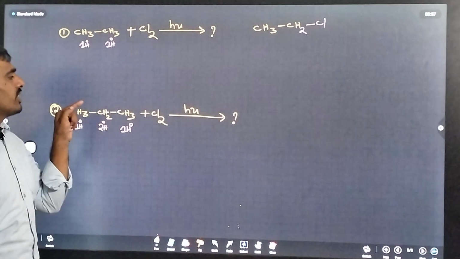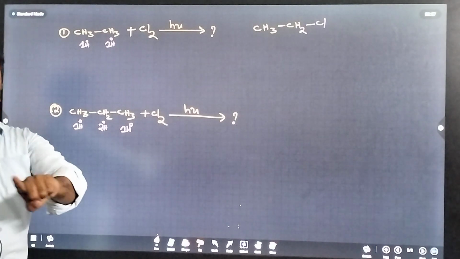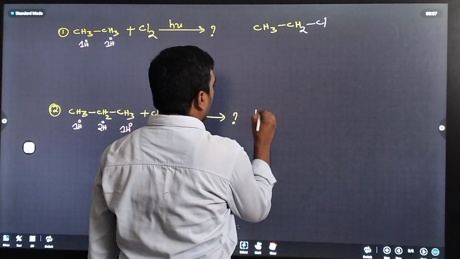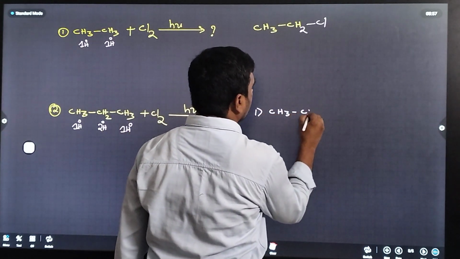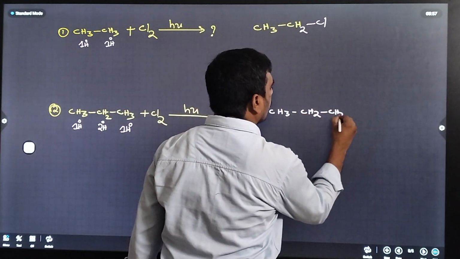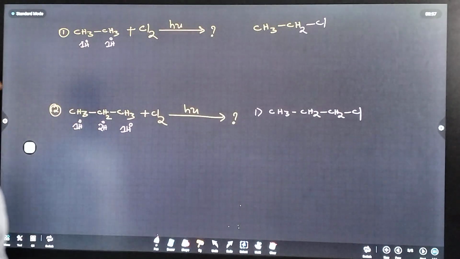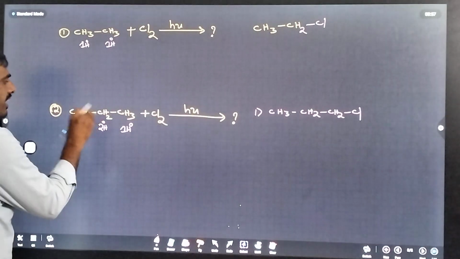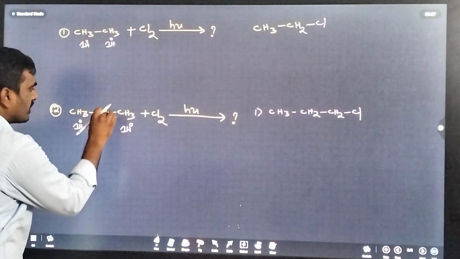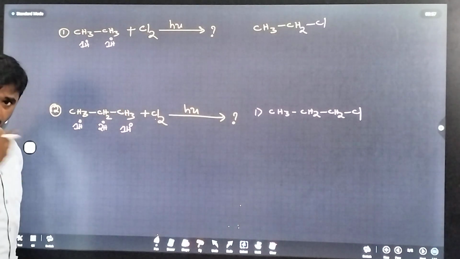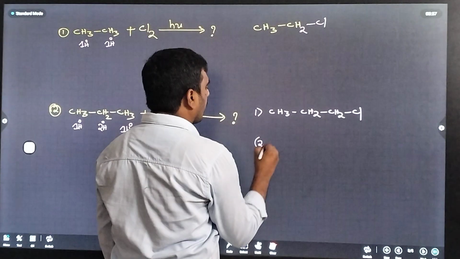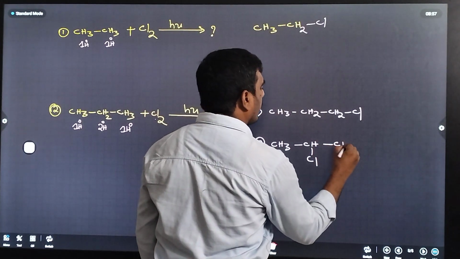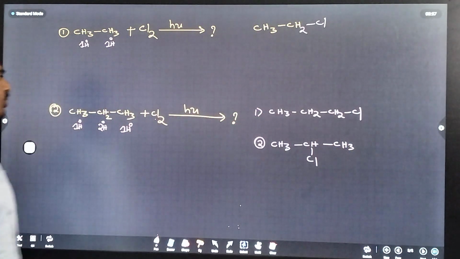Any primary hydrogen replaced by the chlorine gives one type of product, that is 1-chloropropane, product 1, CH3CH2CH2Cl. Whenever one of the two secondary hydrogen atoms is replaced by the chlorine, we get another product, 2-chloropropane.